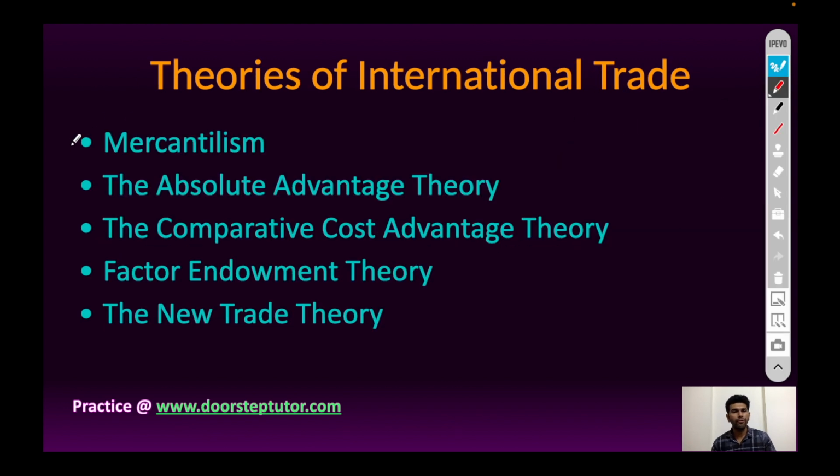So till now we have discussed mercantilism, the absolute advantage theory by Adam Smith, comparative cost advantage theory by David Ricardo, factor endowment theory by Heckscher-Ohlin. So let's discuss the last theory, the new trade theory given by Paul Krugman.